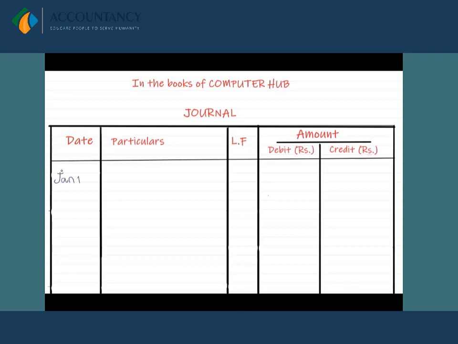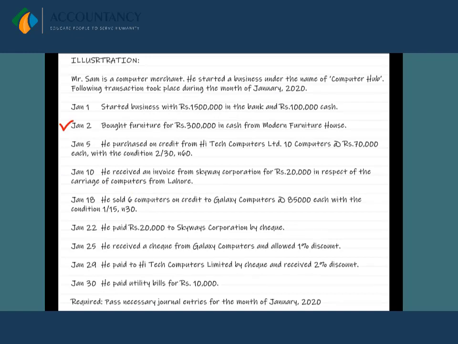So the journal entry would be January 1st, 2020, bank account is debited by 1500,000, cash account is debited by 100,000 and capital account is credited by 1600,000.